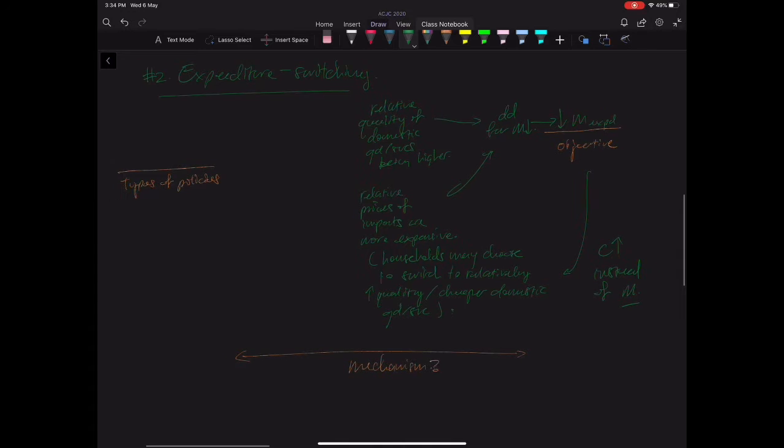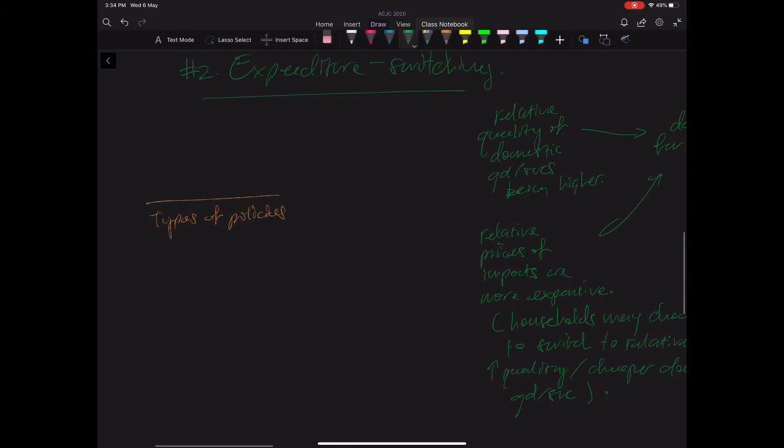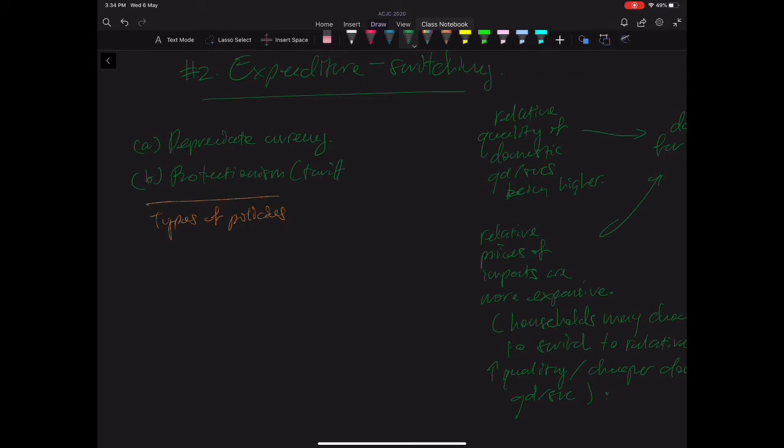And now if you go to your notes, you can see that there are two types of policies suggested for you. The first is to depreciate your currency. The second is you could also employ protectionism. So for example, you've already learned tariff, right?